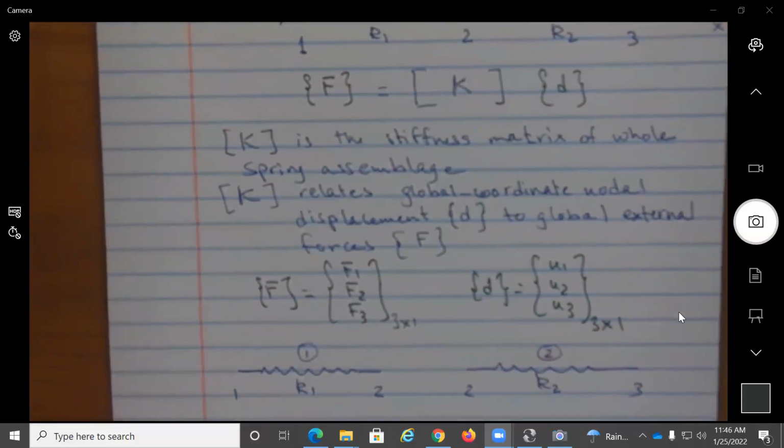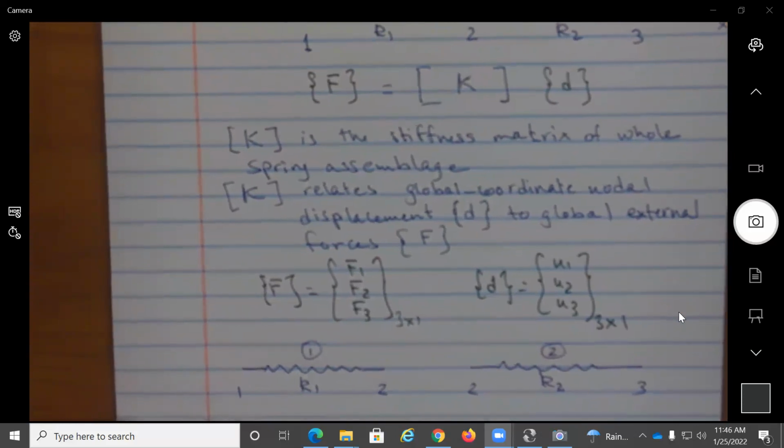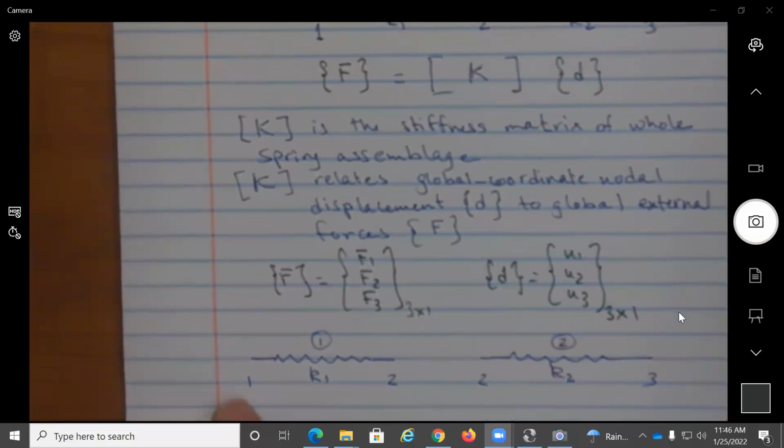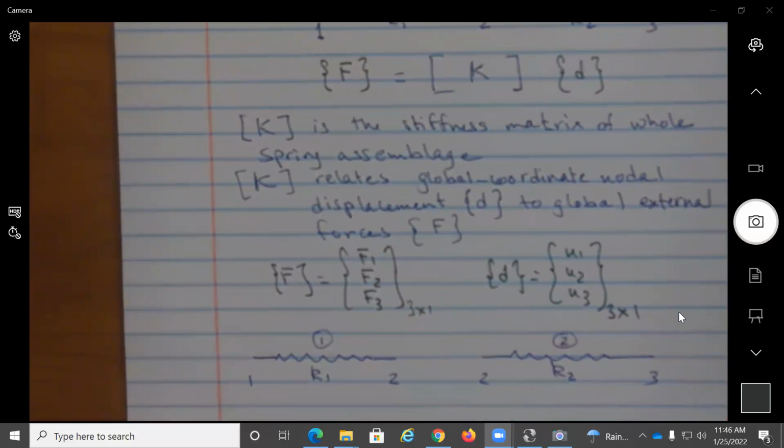Now we've already derived element relationships. So I can come here and look at element 1. Element 1 has element nodal forces that I'm going to call F1,1. The second subscript identifies that it's applied to element 1, and you're going to see why.